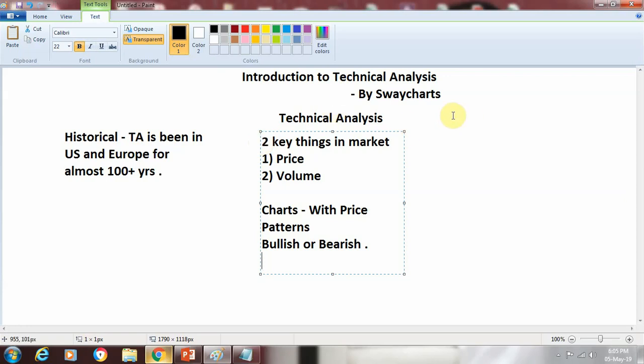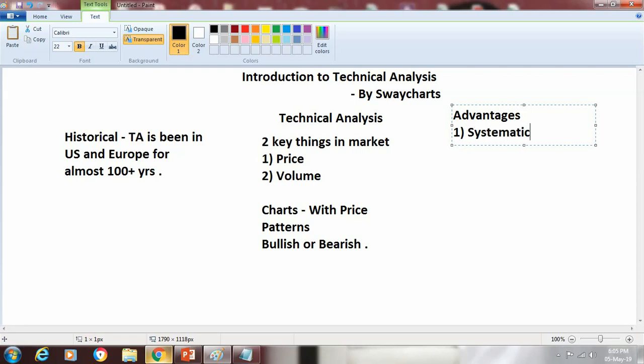Now, let's put them into systematic advantages of technical analysis. My very first point is systematic entry and exit in the market.